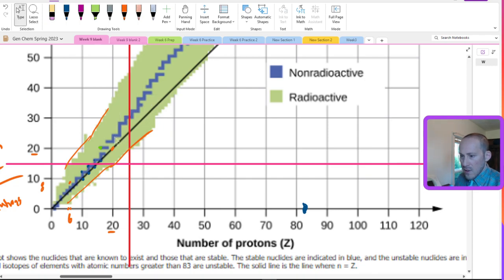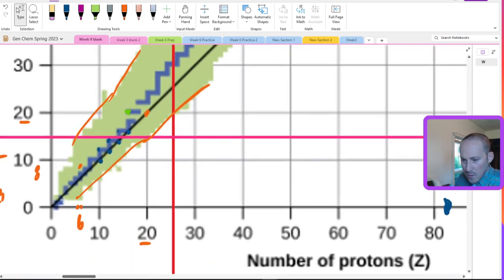So unambiguously, right here is 20. Let's zoom in as much as possible. We have 0 protons, 1 proton, 2 protons, 3 protons, 4, 5, 6, 7, 8, 9, 10, 11, 12, 13, 14, 15, 16, 17, 18, 19, 20, 21, 22, 23.